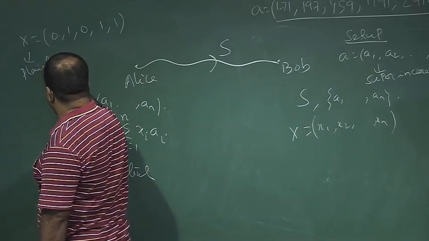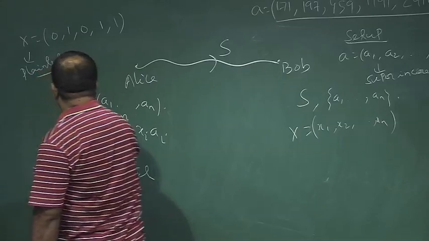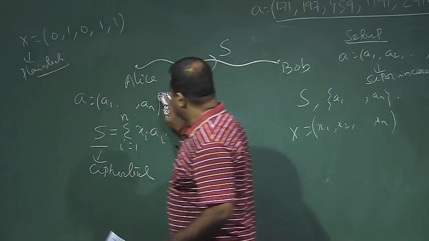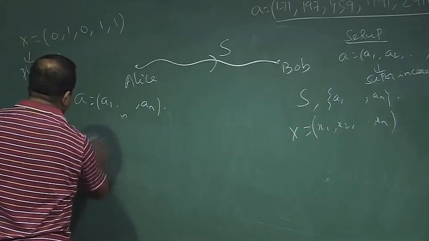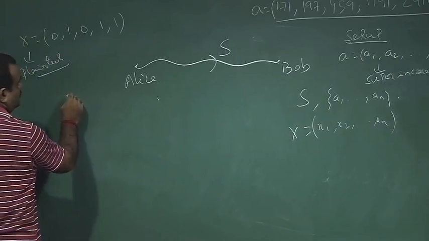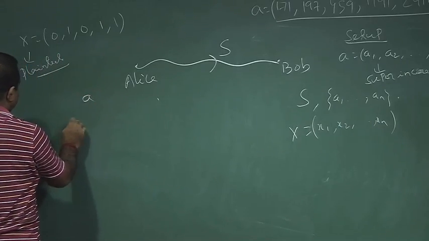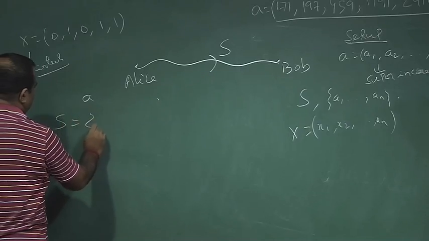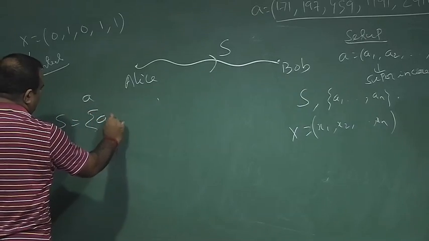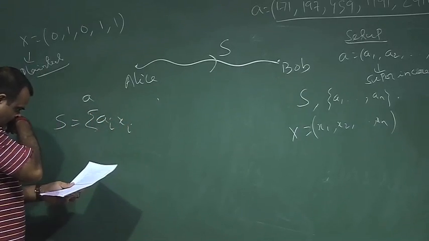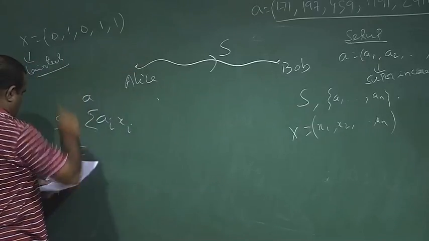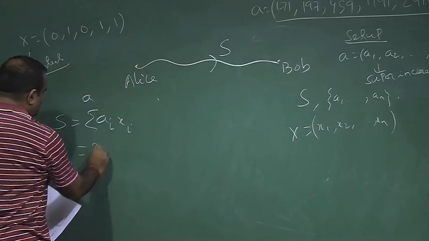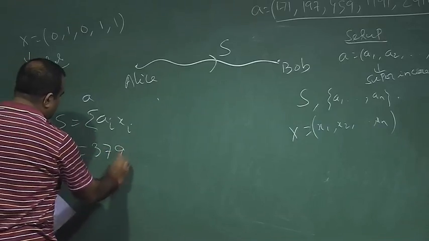Alice is encrypting using the super increasing sequence A, and Alice gets the ciphertext S, the summation of a_i x_i. If we do this sum, Alice gets 3798.